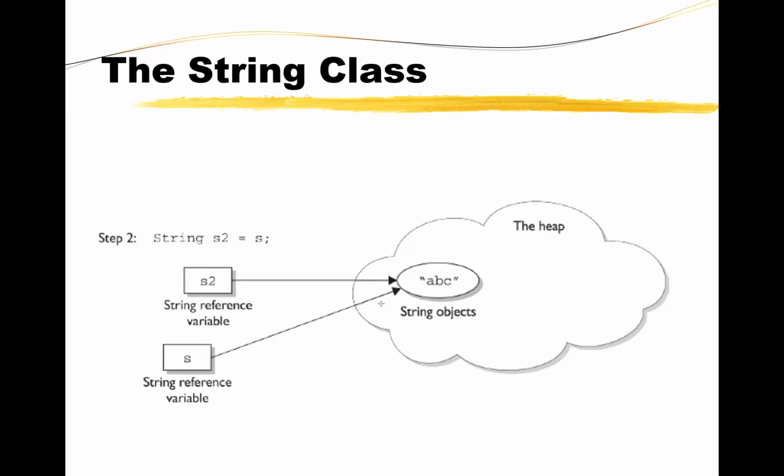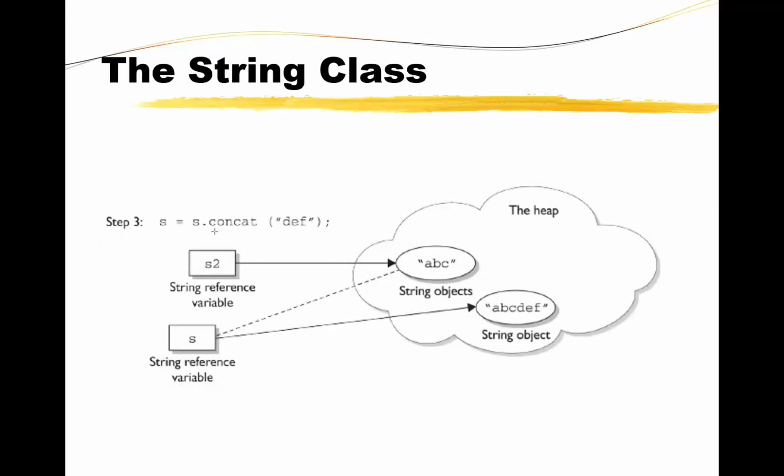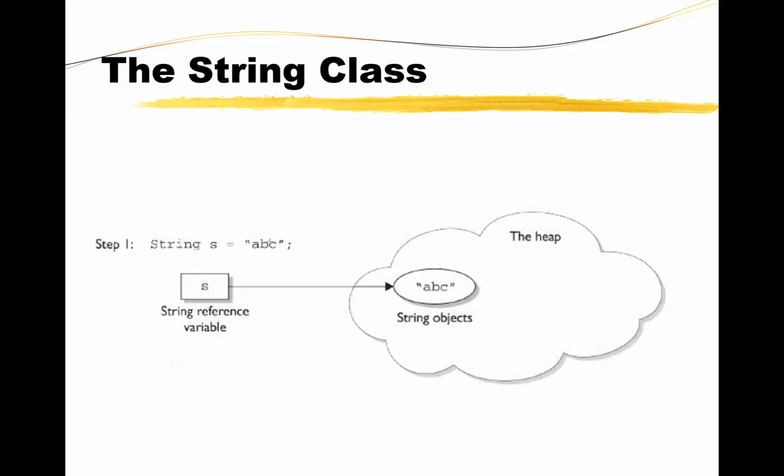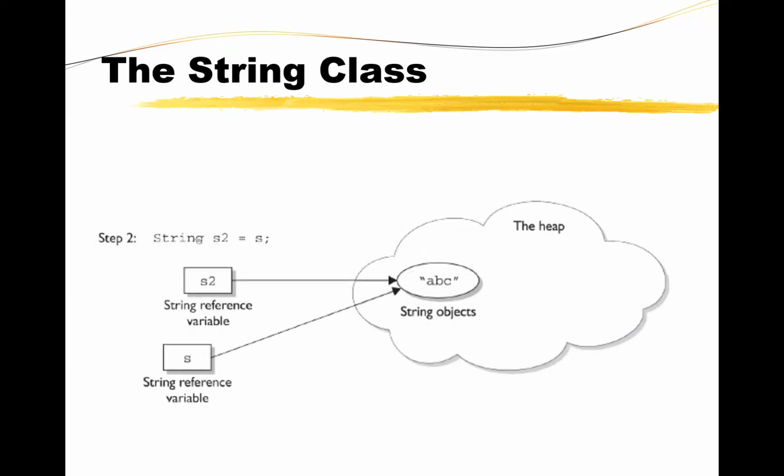If you want to change ABC into ABE, then you have to create a new object because other variables are also referring to the same object. Previously you said string s equals ABC. You created a string object called ABC in the heap memory and variable s is referring to it. Then when you say string s2 equals s, a new reference variable called s2 is created, also referring to the same object.